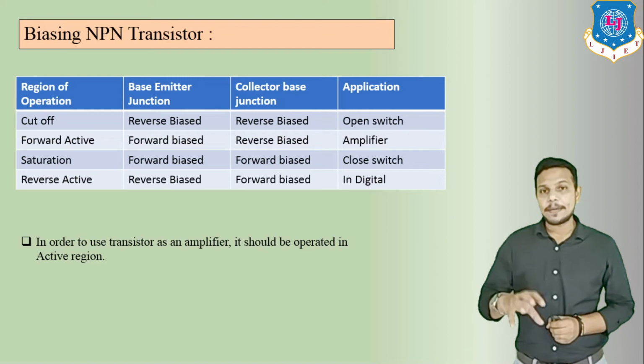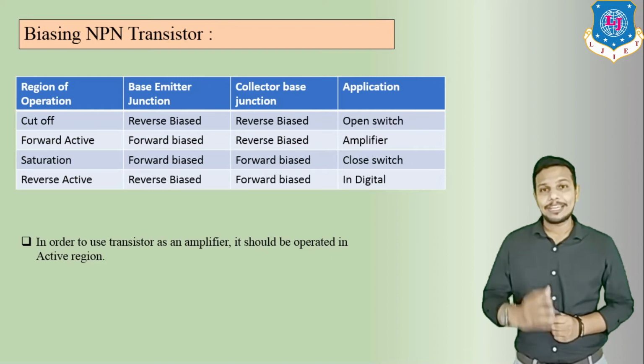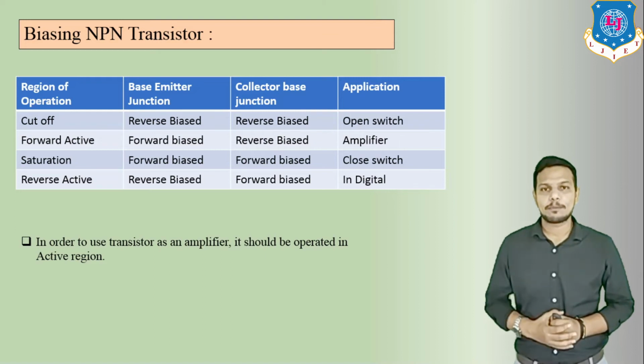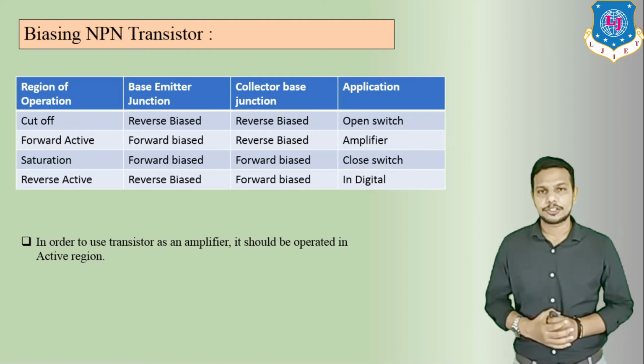In this NPN transistor, there are three different terminals. We have to put two different batteries, because two junctions are created. Due to the two junctions, two batteries need to be connected in this construction.